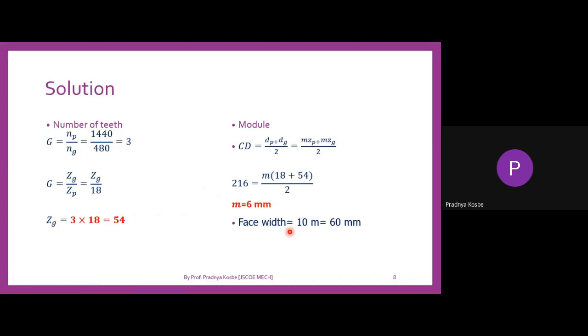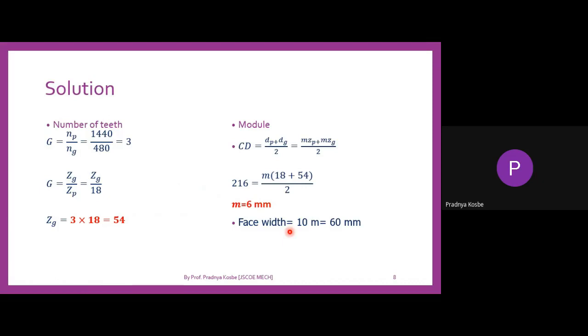Now, what is the difference between factor of safety accounted for a velocity factor for a dynamic loading and dynamic loading accounted for Buckingham's equation?